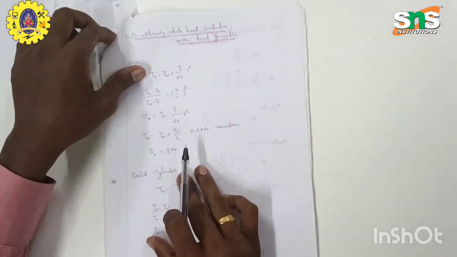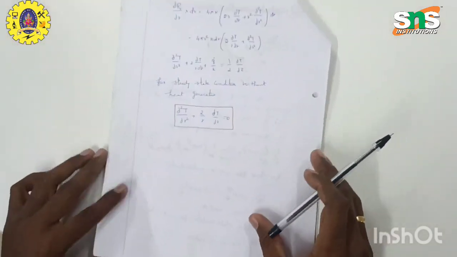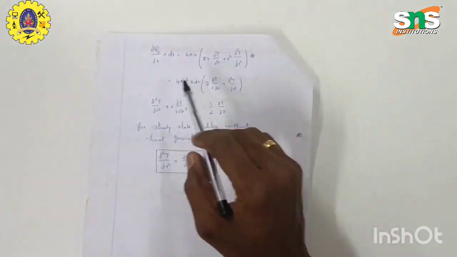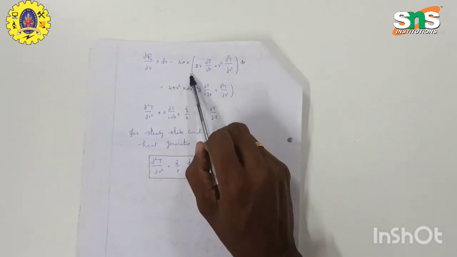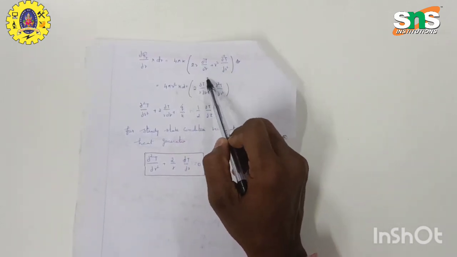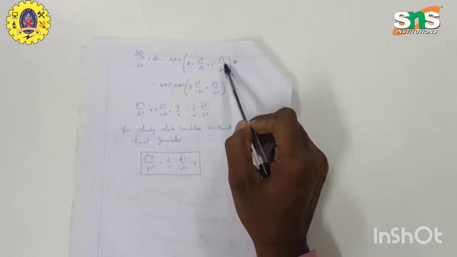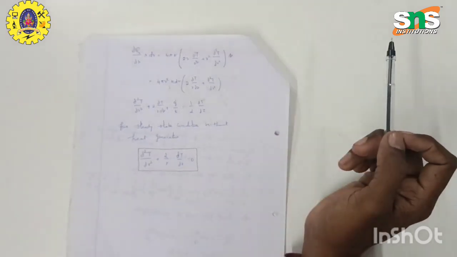The next term is converted into dou Q_r by dou r into dr equal to 4 pi k (2r dou T by dou r plus r squared dou squared T by dou r squared) dr.